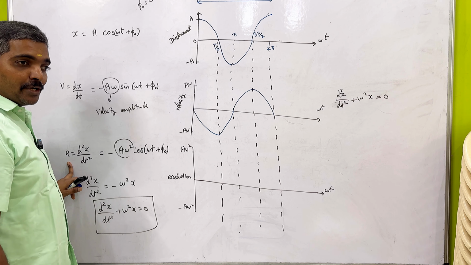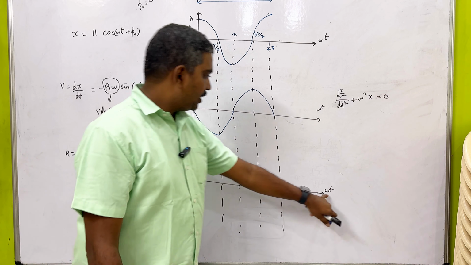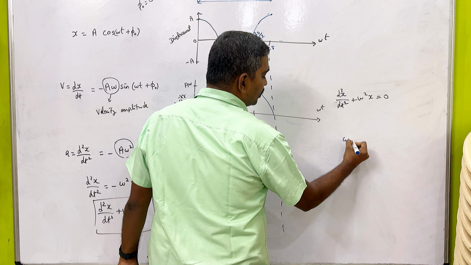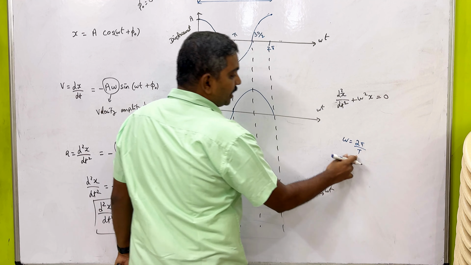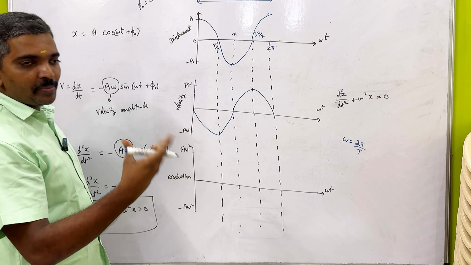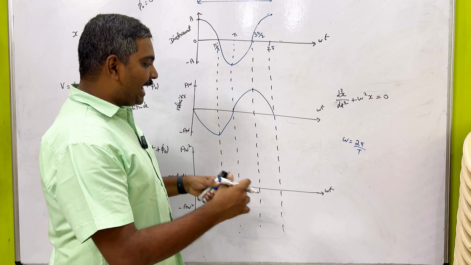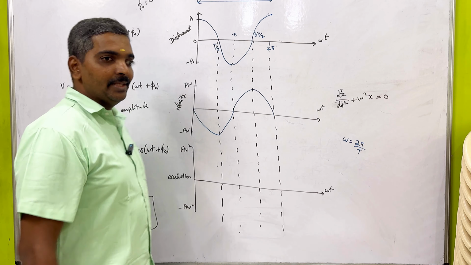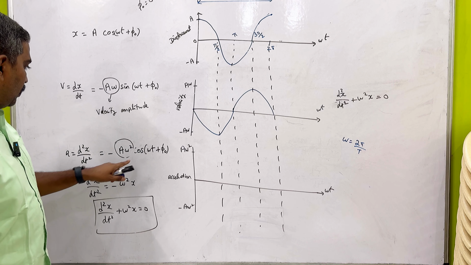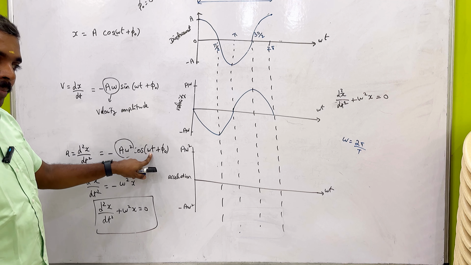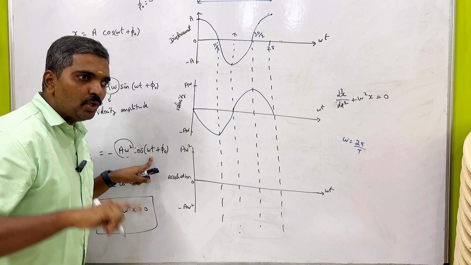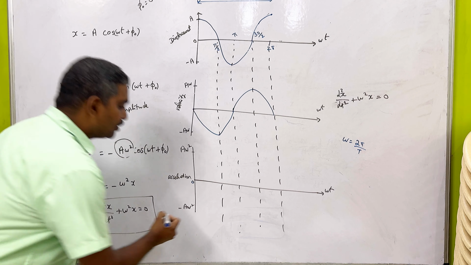Next, the acceleration obeys the cosine function. This is the acceleration versus omega t graph. Omega is just a constant, omega is equal to 2 pi by T, and the time period of a particular oscillator is a constant. So actually, it's a graph between acceleration and instantaneous time, right? What's happening here? Cos omega t: if I put t equal to 0, cos 0 is 1, but with minus A, you are starting from here.